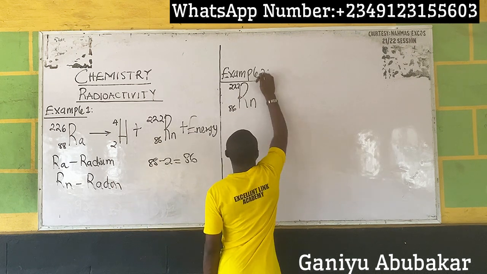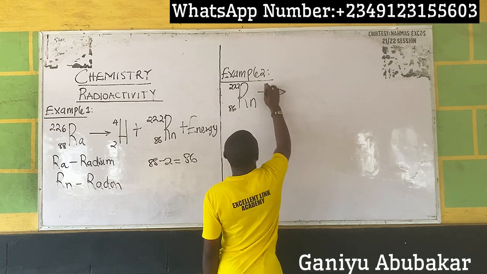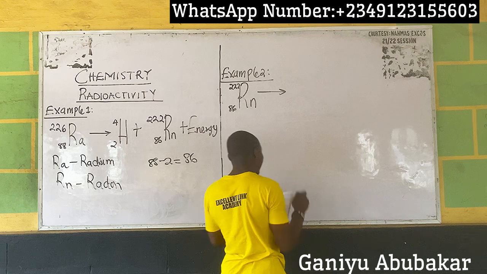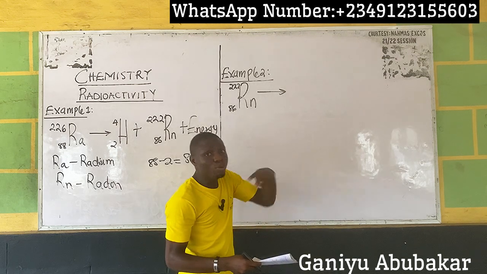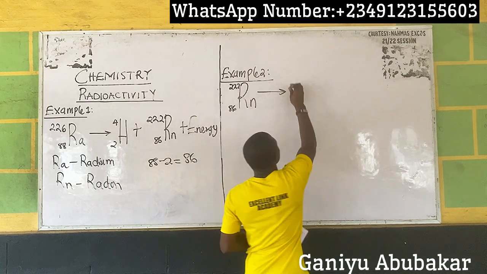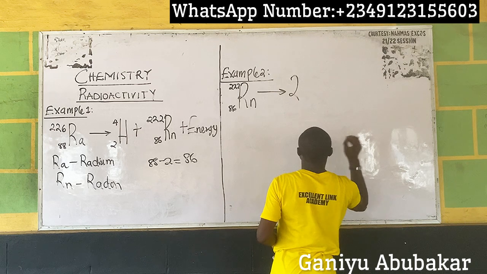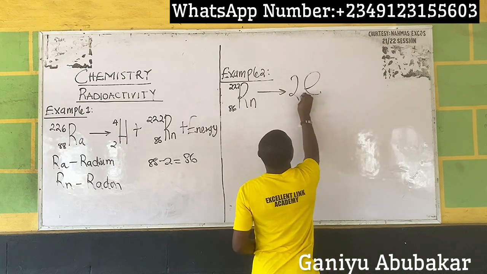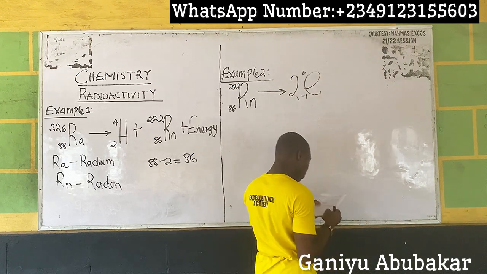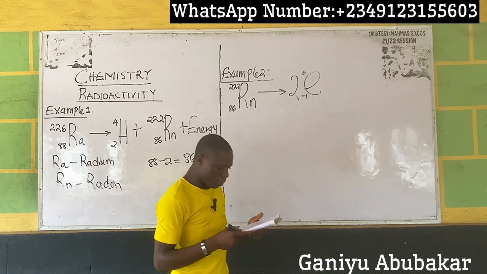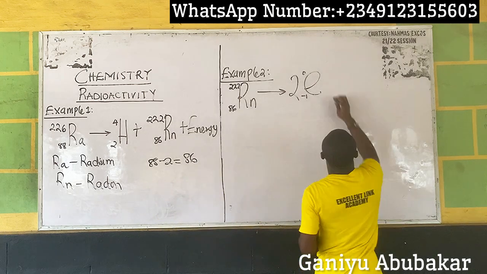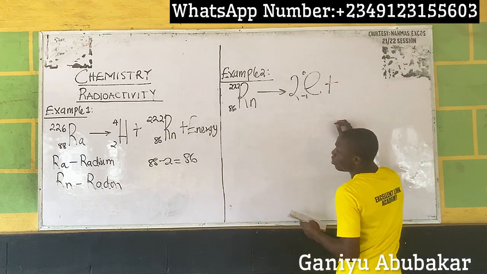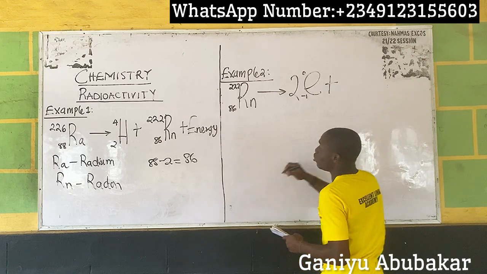This undergoes beta decay to emit 2 beta particles. Each beta particle is an electron, -1 and 0, to produce an isotope of radium. Radium is Ra.